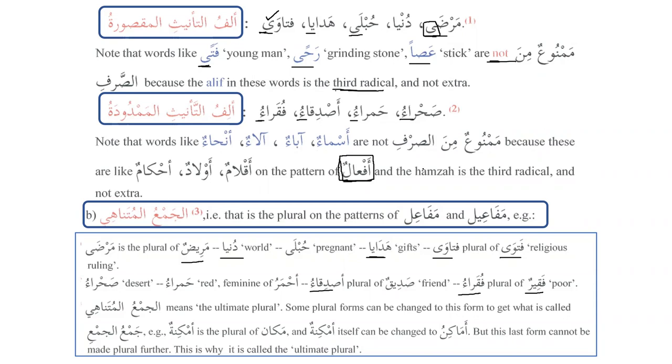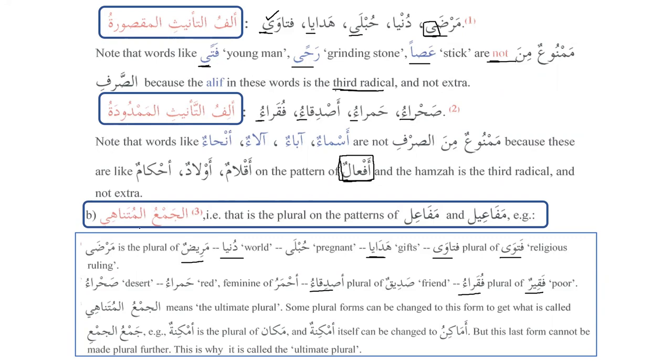They are not mamnu min as-sarf because they are like aqlamun, awladun, ahkamun, on the pattern of af'alun, and the hamza is the third radical and not extra. Or the easiest way to memorize: any noun on the pattern of af'alun is not mamnu min as-sarf. It is a triptot and not a diptot.